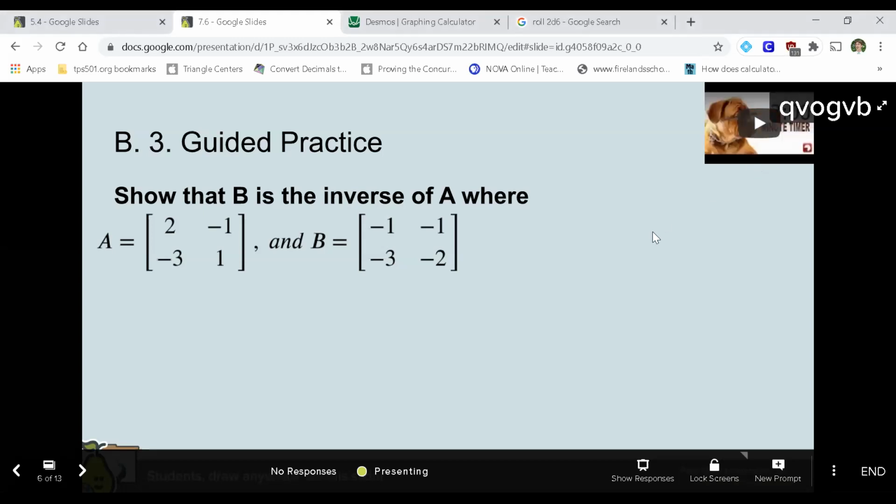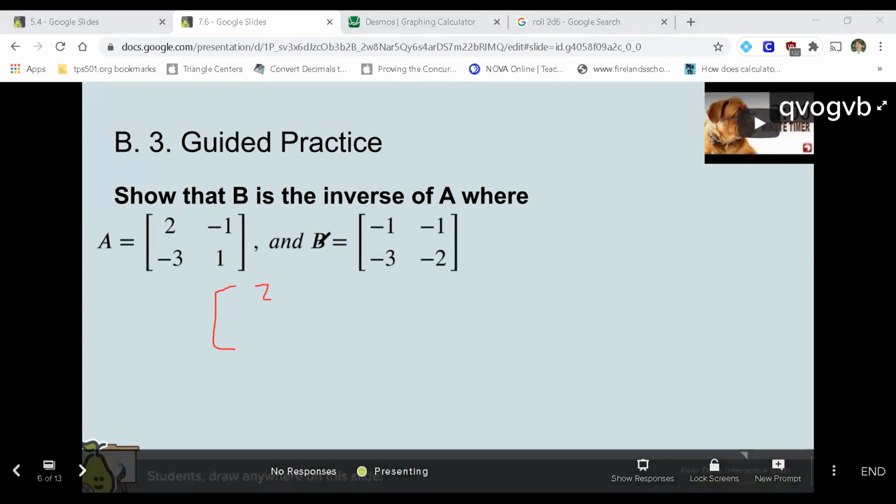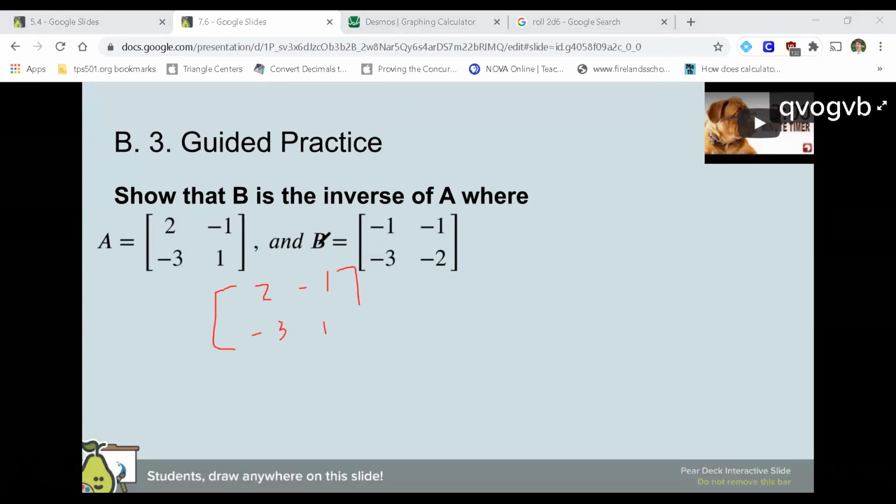All right, are they inverses? Let's do it. Okay. 2, -1, -3, 1. I'm going to put a big times sign in here. Okay, equals. It is defined, 2 by 2. So I'm going to take first row, first column. So that'd be -2 plus 3.